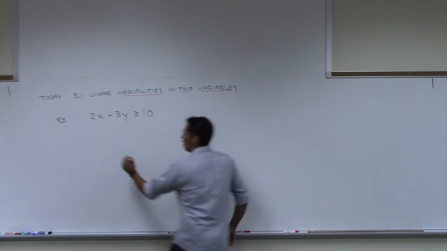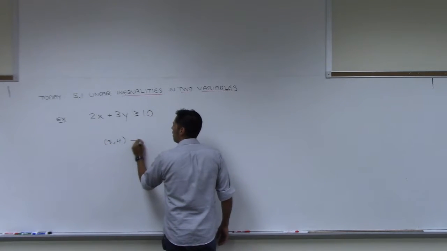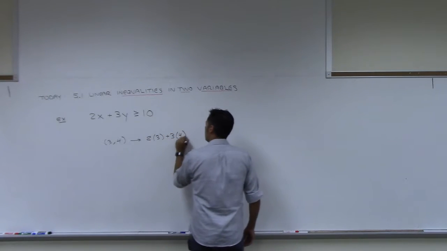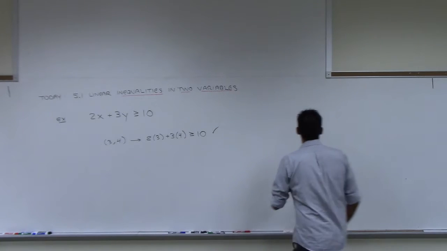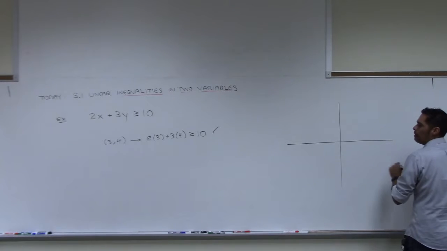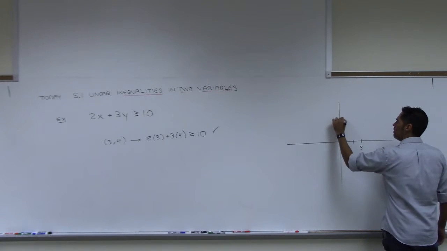3 and 4. Okay, let's try that. If I try that, I'm going to get 2 times 3 plus 3 times 4. Is that bigger than or equal to 10? Absolutely, that works. Okay, so I'm going to graph that over here. The point (3, 4). 1, 2, 3. 1, 2, 3, 4.